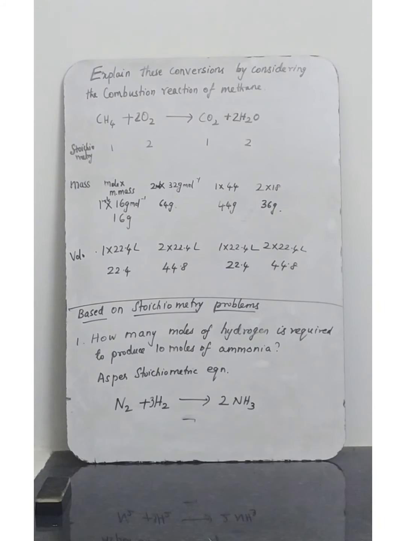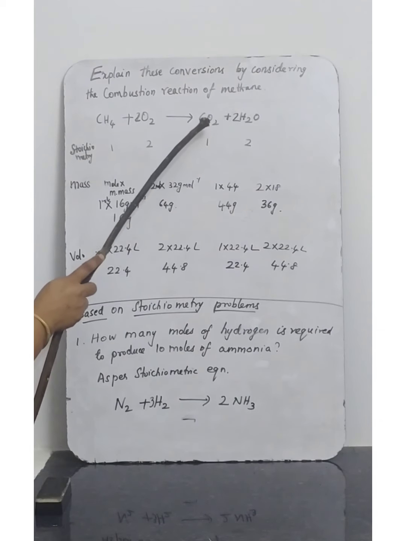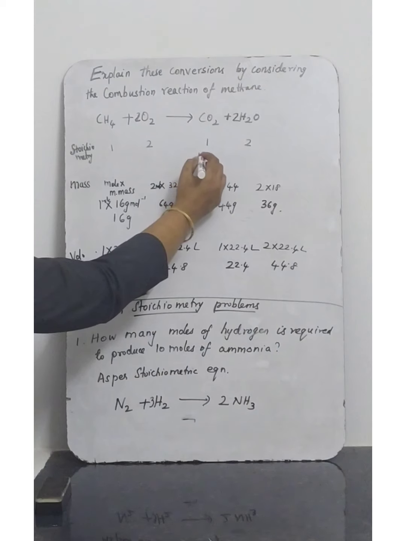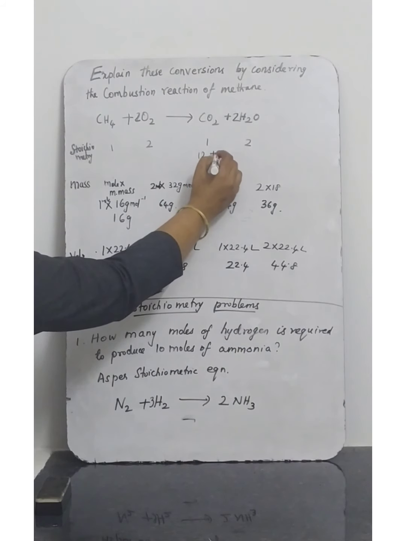Understood? Now 2 moles of oxygen. So 2 into O2. For 1 oxygen atom the atomic mass is 16, and for 2 oxygen atoms, 32. So 2 into 32, 64 gram. Now 1 mole of carbon dioxide is produced. In carbon dioxide, 1 carbon and 2 oxygen atoms are there. For 1 carbon, 12, and for 2 oxygen atoms, 32.